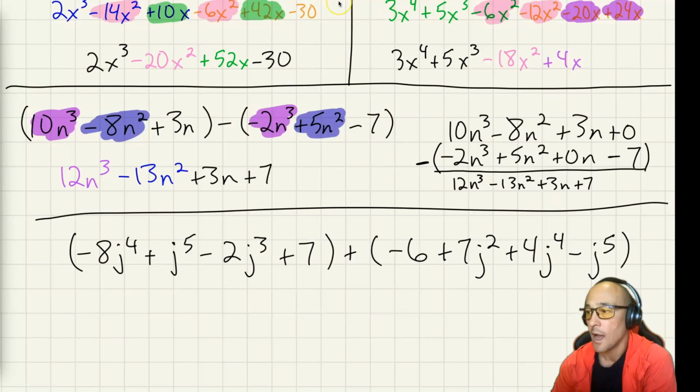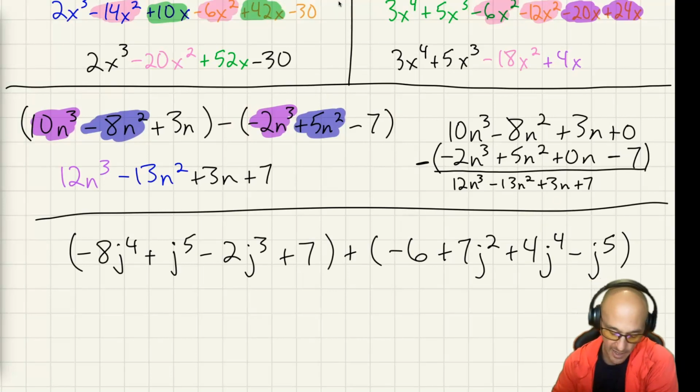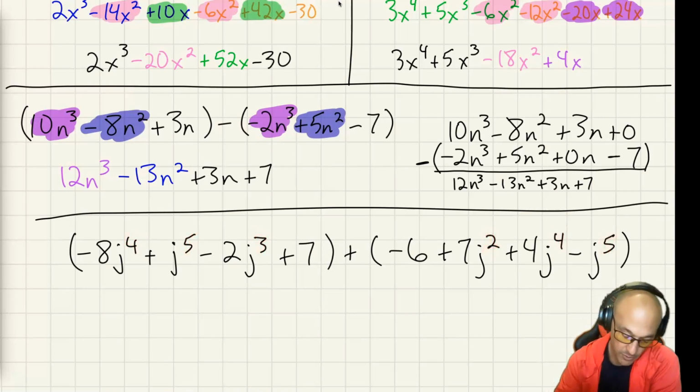Okay. I made it longer. I'm not sure about changing the signs, but notice that in this one, my powers are decreasing. And here, the powers are kind of jumbled. So they're all jumbled together.